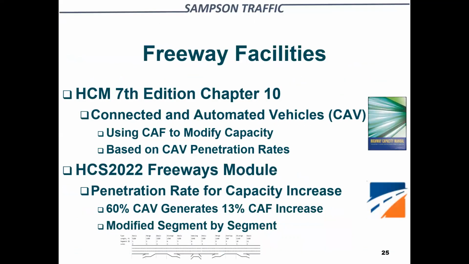Freeway facilities, again, if it's done in a segment, it's done in the freeway facility: the 60% CAV generating a 13% capacity adjustment increase, and it's done segment by segment. And typically the segments with on-ramps and off-ramps might change the percent CAVs segment by segment, so the capacity increase would change as well.